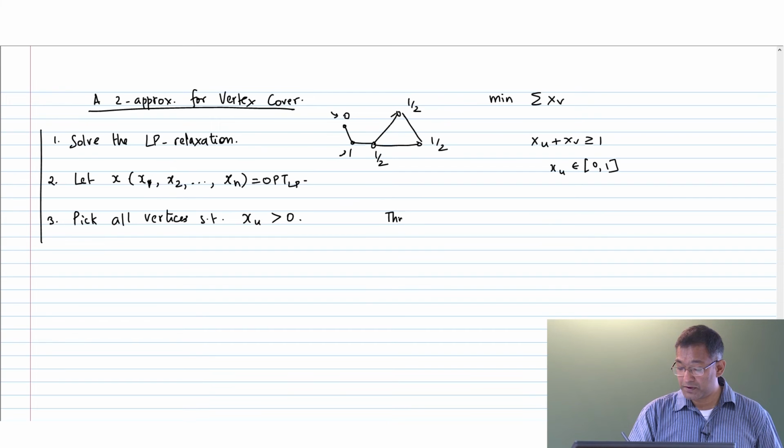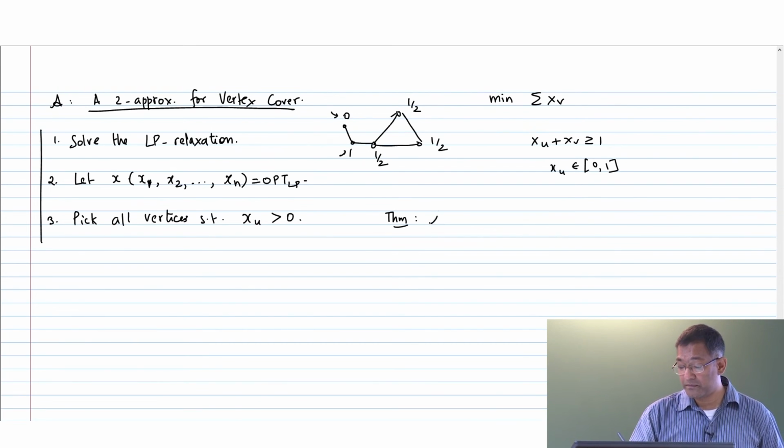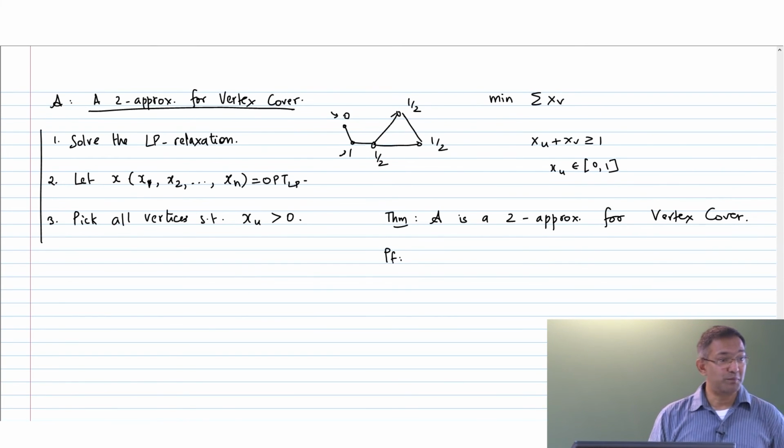So, let us give this a name. So, this is the algorithm A. A is a 2 approximation for vertex cover. Okay. We want to prove that this algorithm, the solution produced, is not too bad, is at most 2 times the optimal solution. Okay.